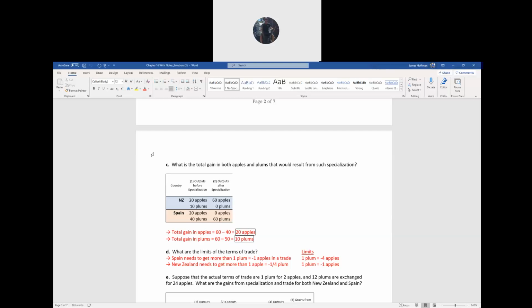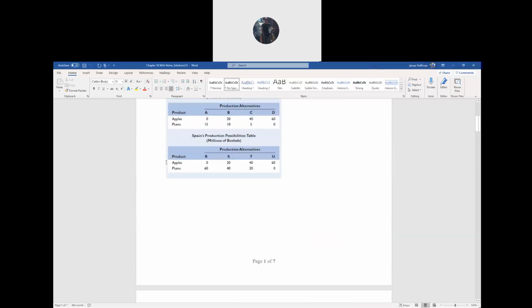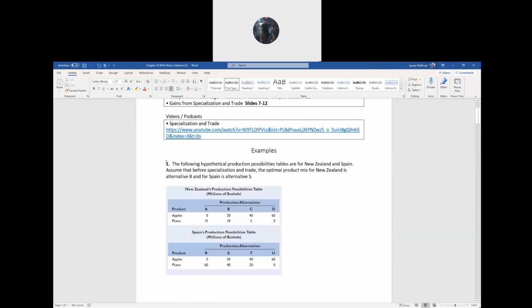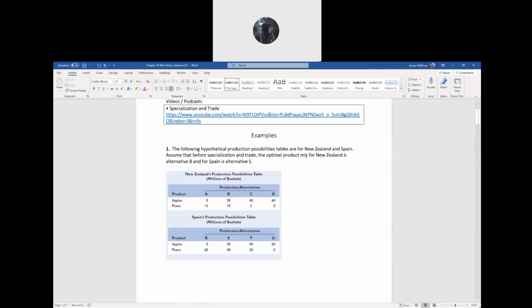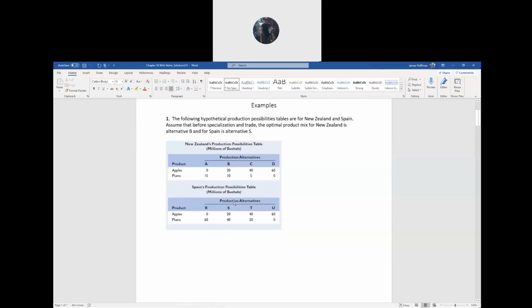So we started with point B for Spain and point B for New Zealand and S for Spain. So just start with that. New Zealand starts with 20 and 10, apples to plums, and Spain starts with 20 and 40.